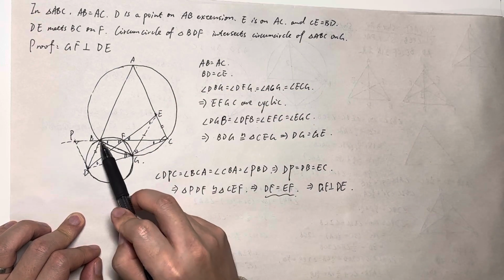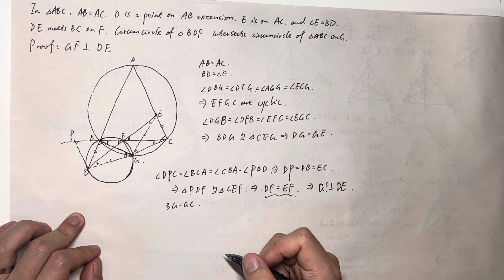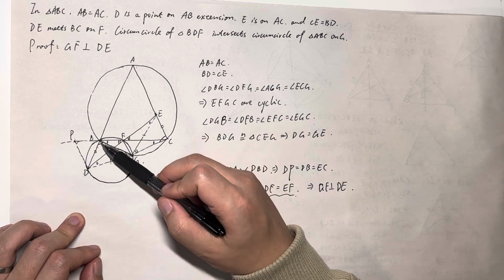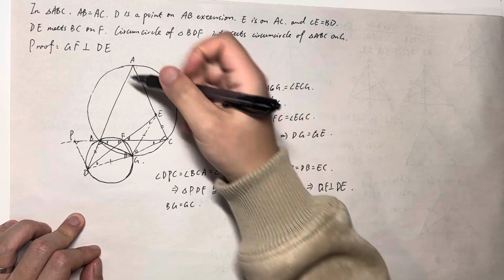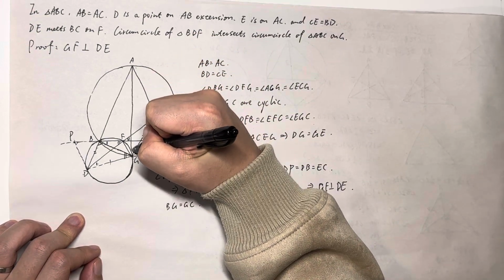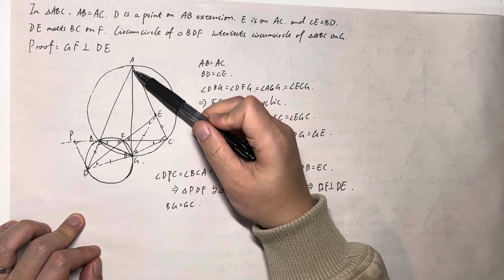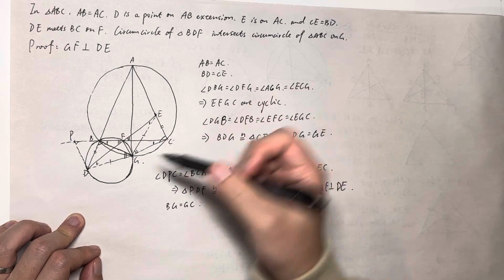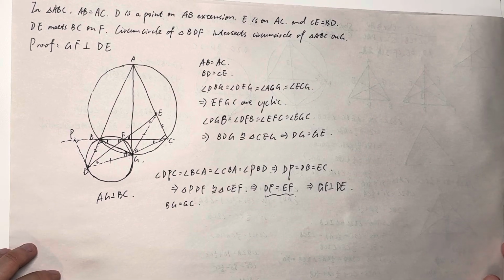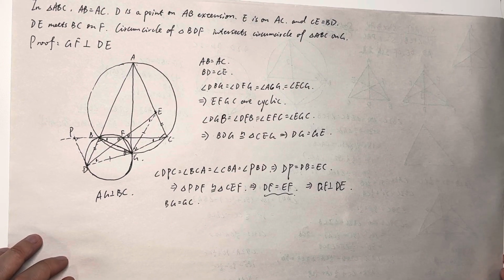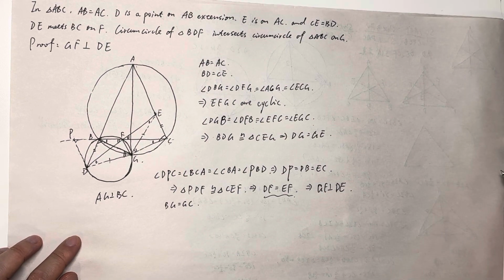Which means BG also equals GC, which means G is the midpoint of arc BC. And because AB equals AC, AG is the angle bisector of angle BAC, and AG is perpendicular to BC, right? Okay, that's basically what we can derive from this problem.